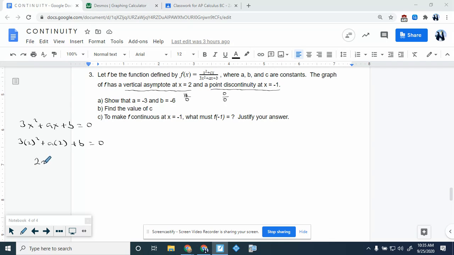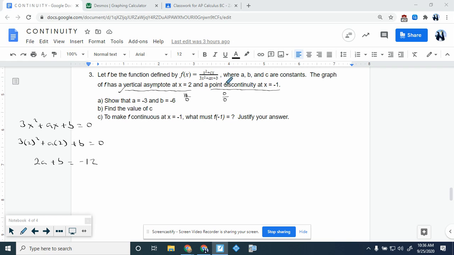So I'm going to get 2a plus b, and I'm going to subtract the 12 over and write that. Notice using this first bit of information, it tells me the denominator must be 0 when I plug 2 in, and that gives me one equation with a and b in it. Now that's not enough to solve for a and b. I'm going to need another equation.